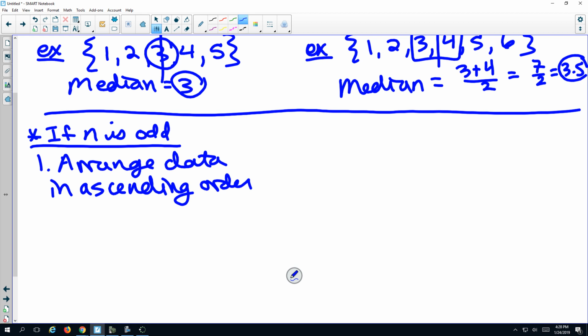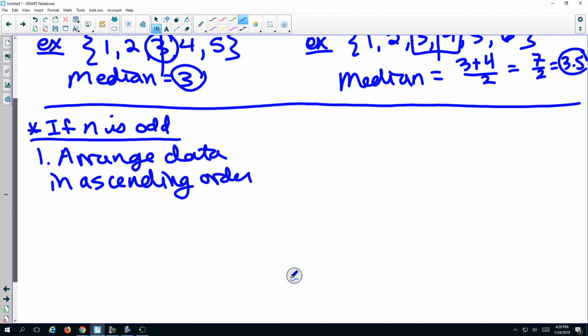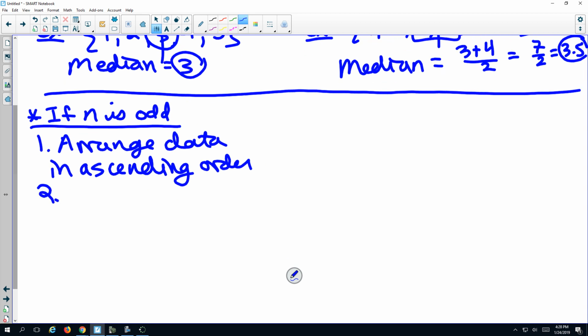Arrange your data in least to greatest order. And then you just simply find the middle value. Find out where the middle is.